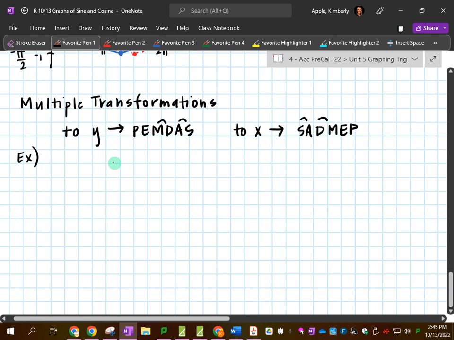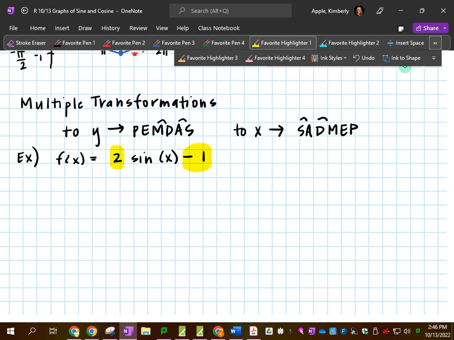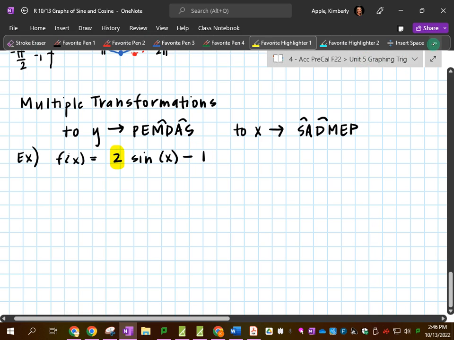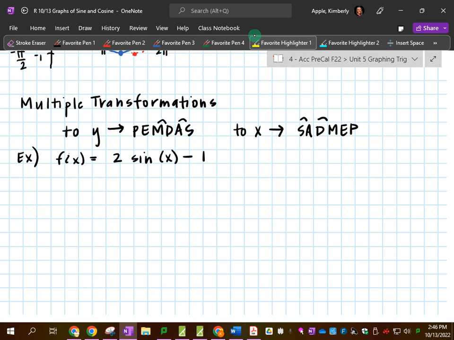So let's do one. Let's say I've got f of x. I'm not going to actually plot it. I'm just going to do the table because I feel like we've plotted enough stuff, and I know you know how to plot points. Notice this is two things occurring to the what? The x's or the y's? One of each?